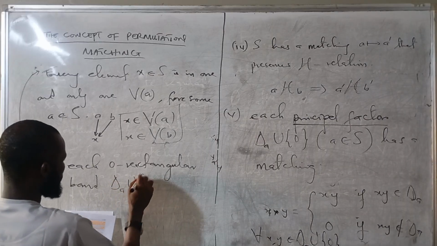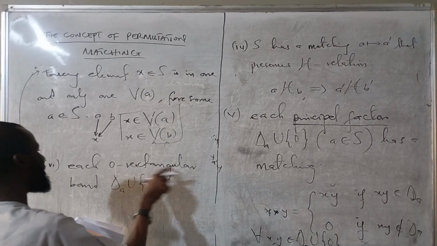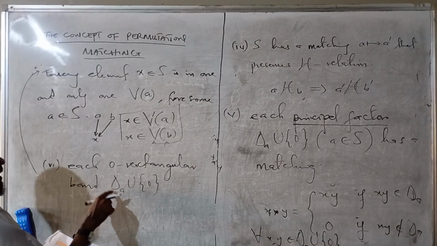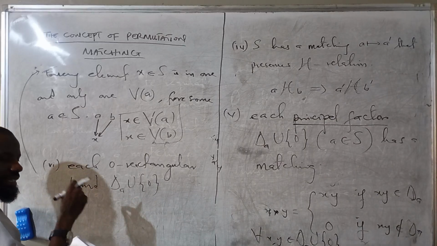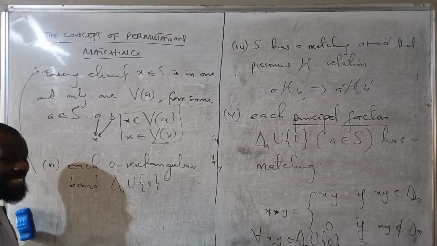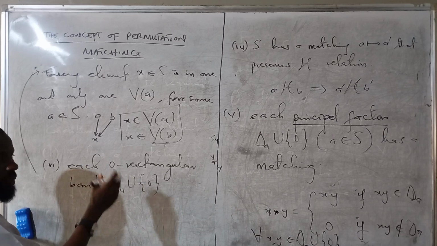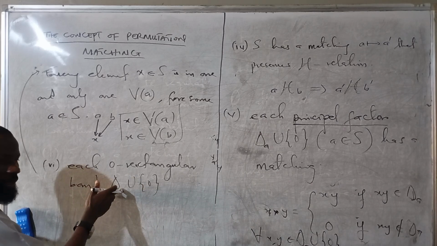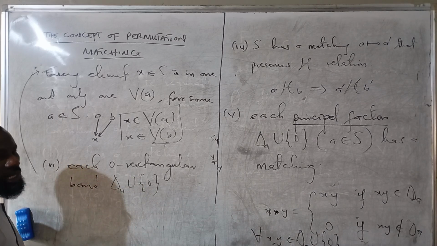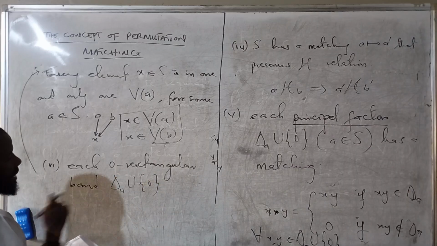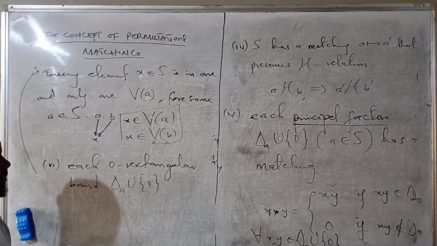D-unit. So if you say zero rectangular band, then you are saying that this D class is having singleton H classes. You know, it's an egg box. So every H class is containing only one element. That is what is making it a zero rectangular band.